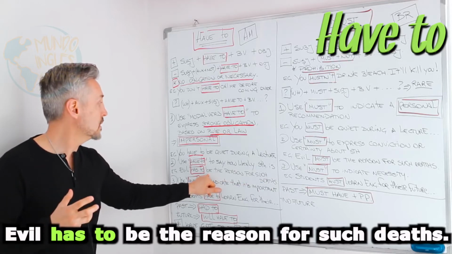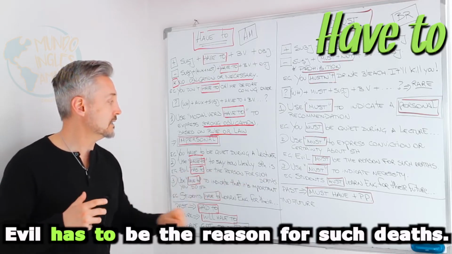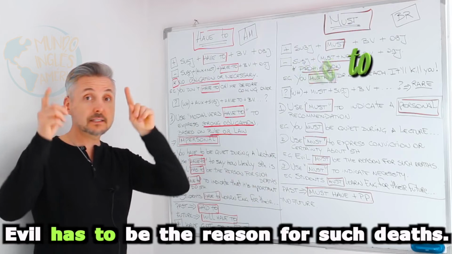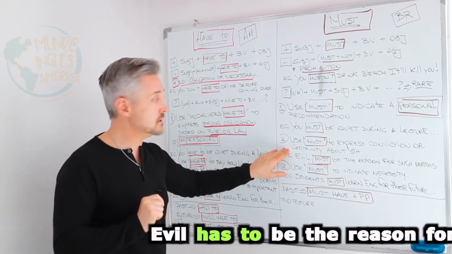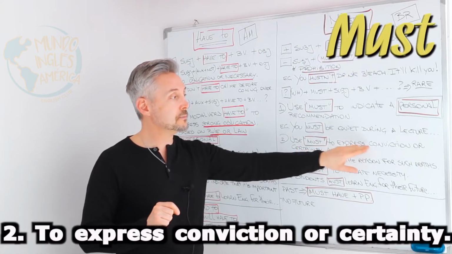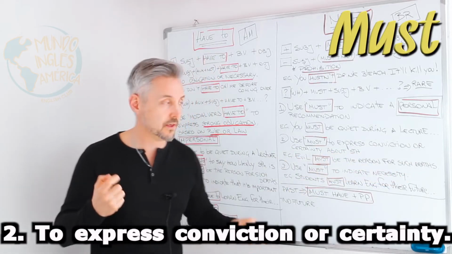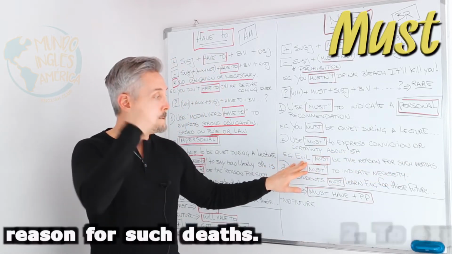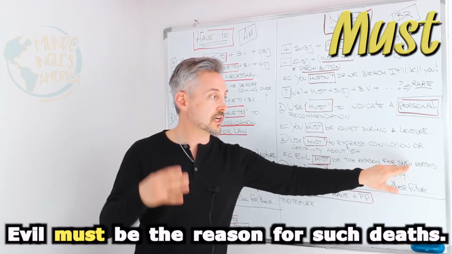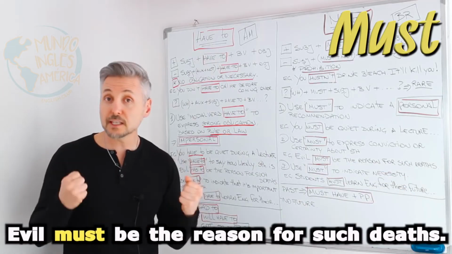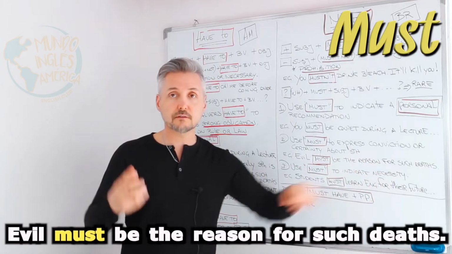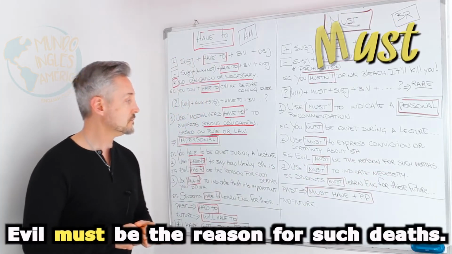So it's probable that evil was the reason for such deaths. Instead, if you use it with must, use must to express conviction or certainty about something. So evil must be the reason for such deaths. So I'm convinced that evil was the reason for such deaths.